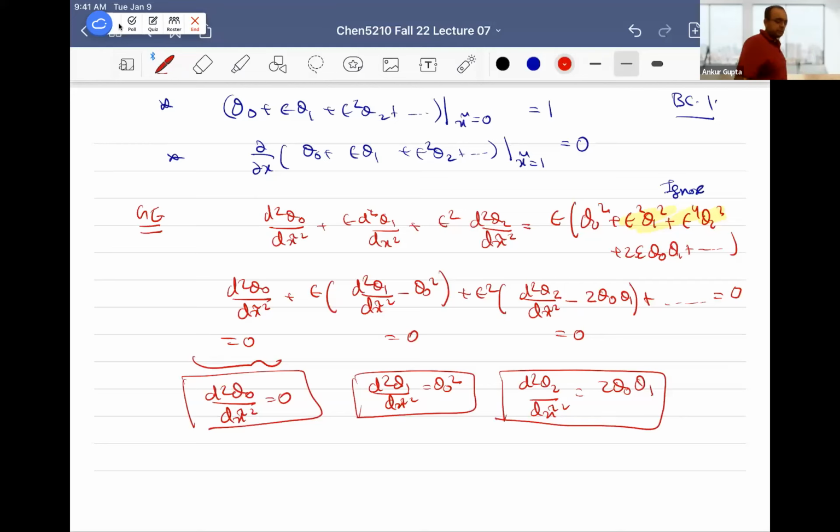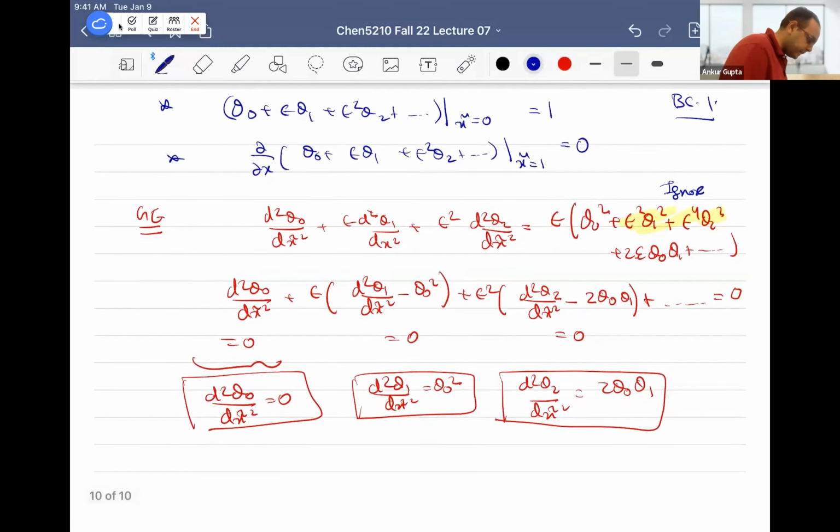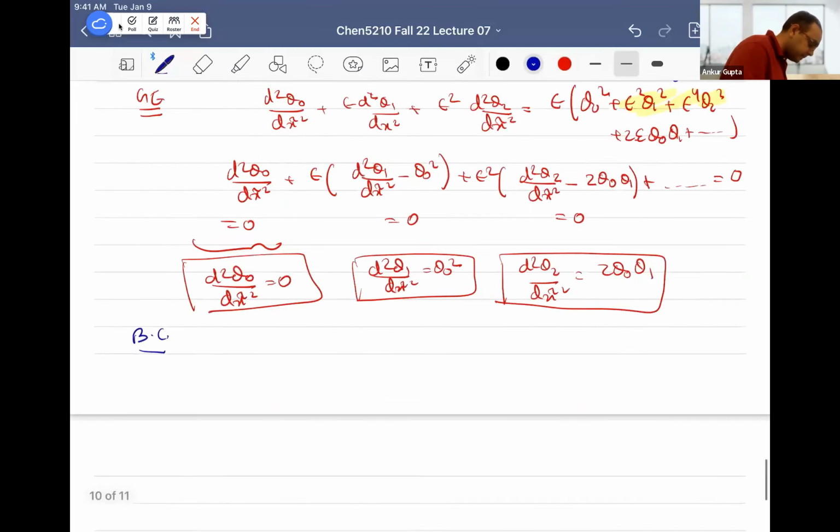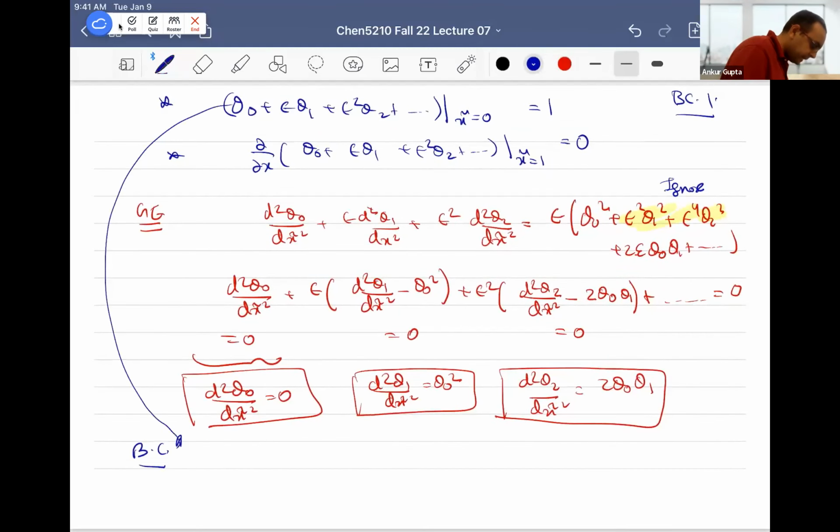And now I will do the same for the boundary conditions. Can anybody suggest how I should club the terms for the boundary conditions? Right, I hope you can see Sardeep's suggestion here: it will be θ₀ − 1 + εθ₁ + ε²θ₂ at x = 0.